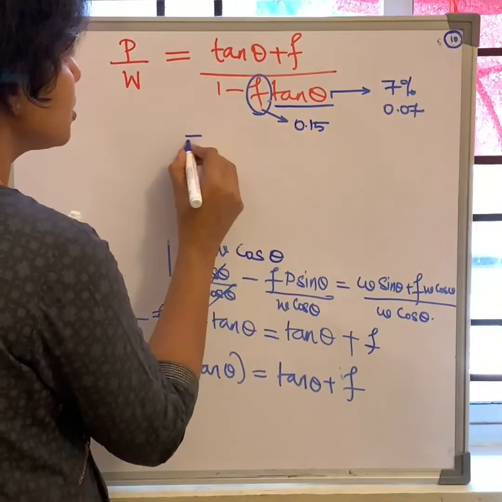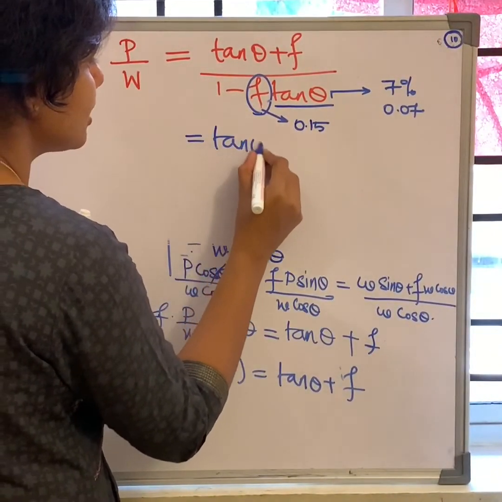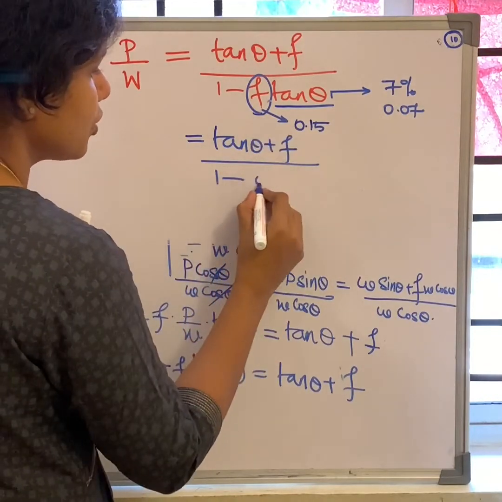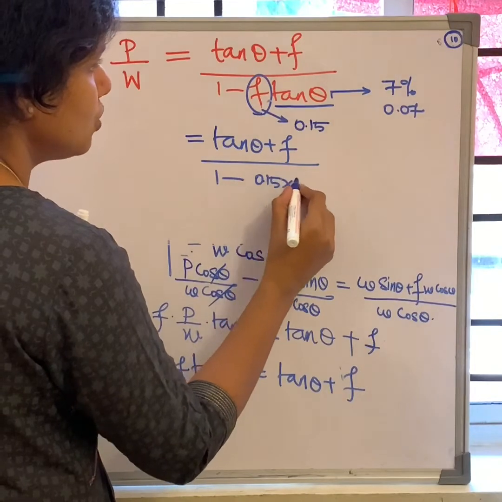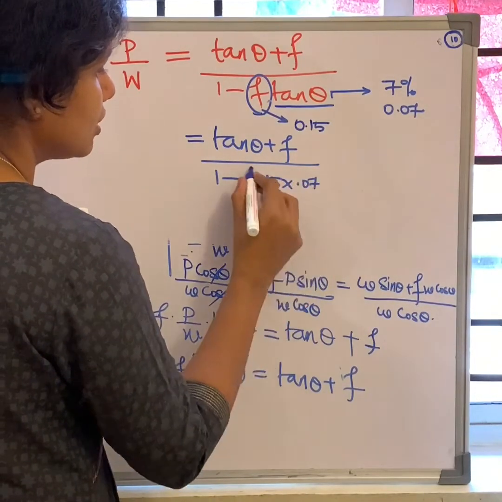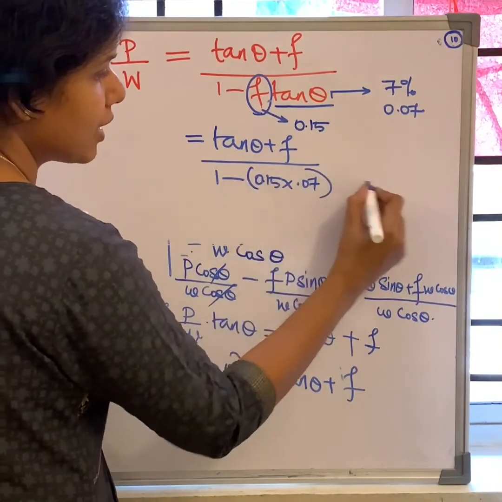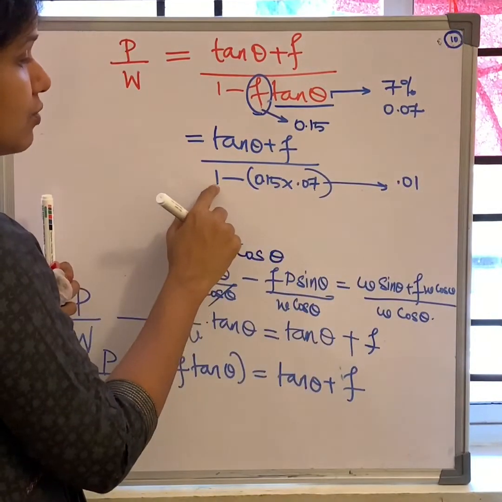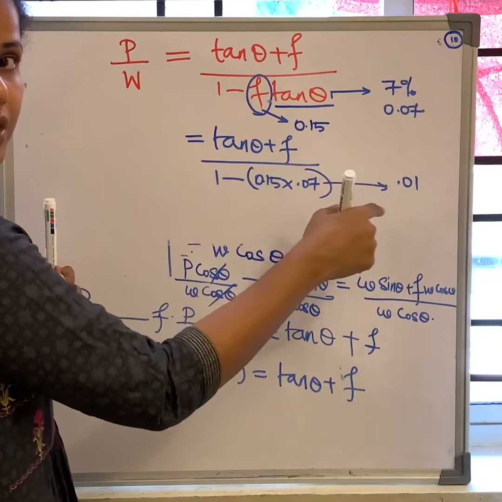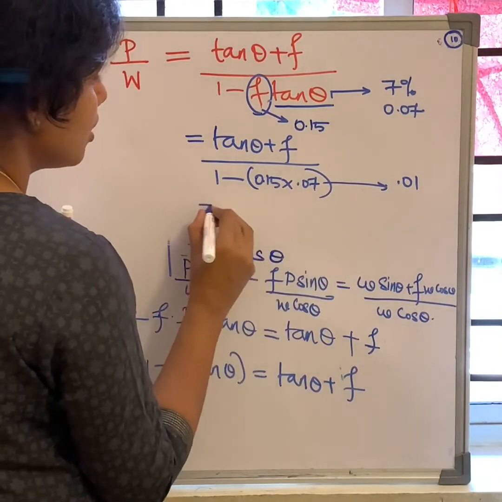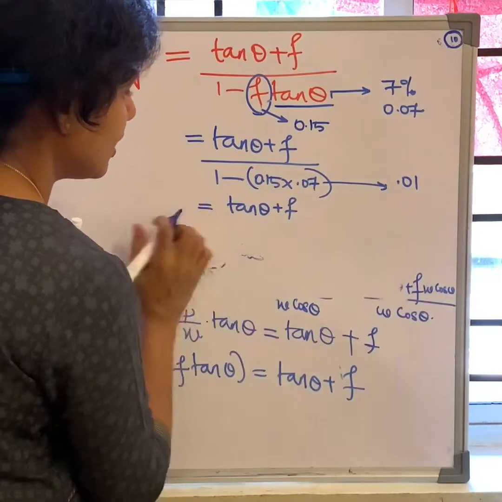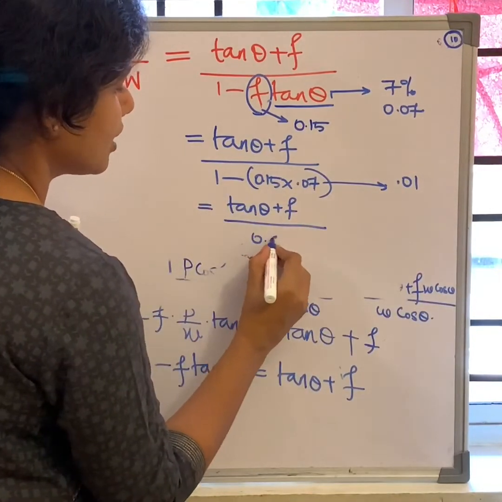So if you use this, then your numerator is tan theta plus F divided by 1 minus 0.15 into 0.07. This particular value, if you multiply, you may get a value of 0.01. So we have the denominator 1 minus 0.01, which will be tan theta plus F divided by 0.99.